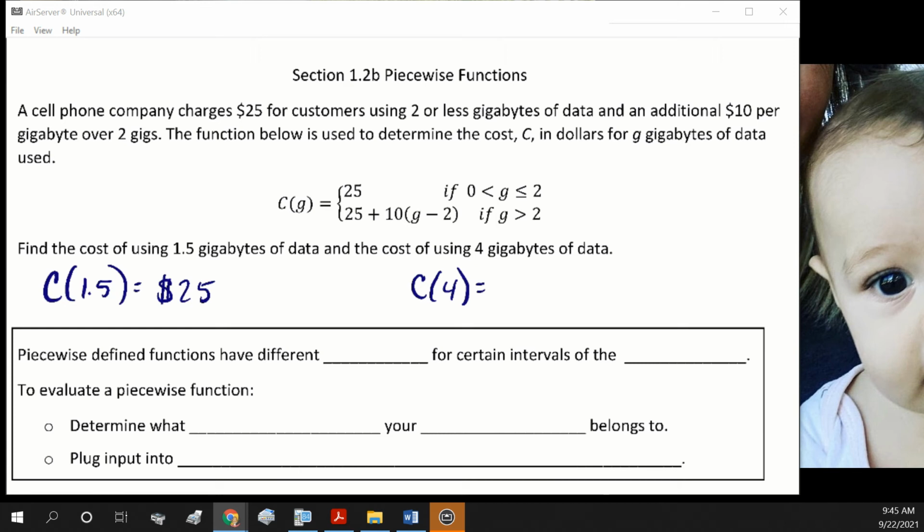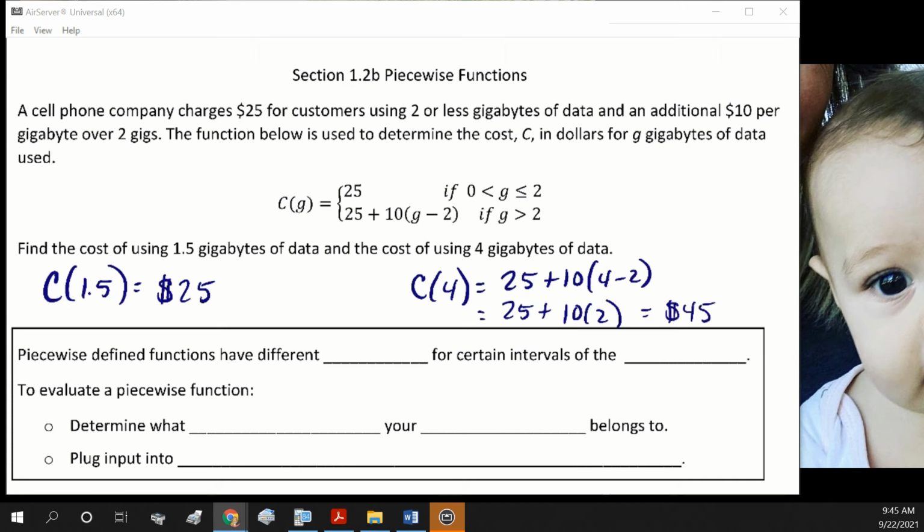We also could answer that question using the words in the problem, but if we wanted to use the function, 4 is greater than 2, so we would take that 4 and plug it in for G there. So it looks like this person is going to have to pay $45.